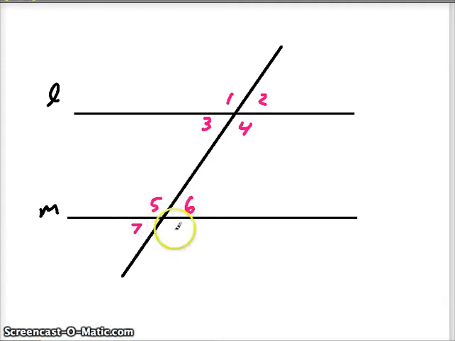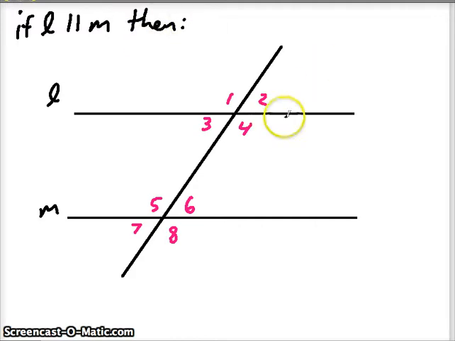We could use letters like we're used to, but numbers just make it a lot easier and a lot quicker to talk about right now. Alright. So if these two lines are parallel, if L is parallel to line M, then the following is true. Only if these are parallel, this is true.